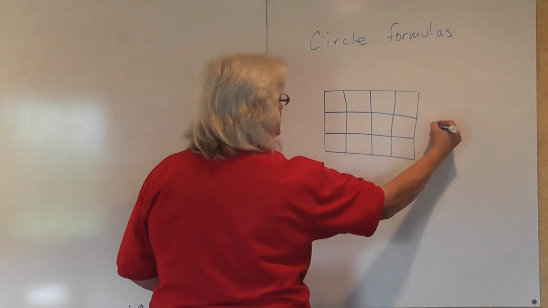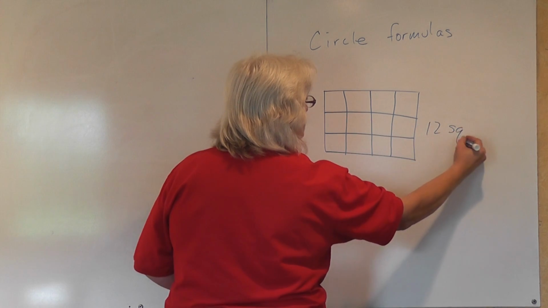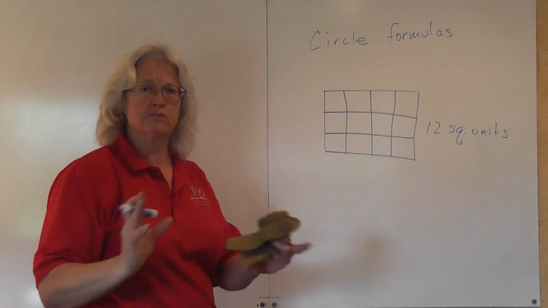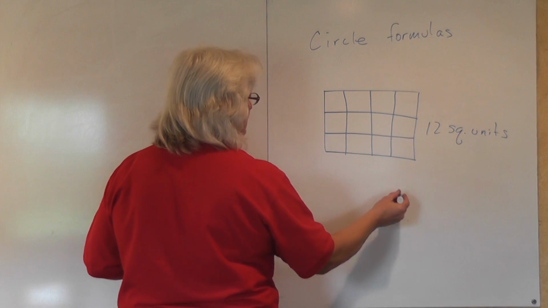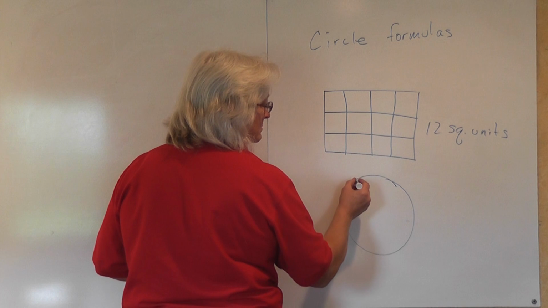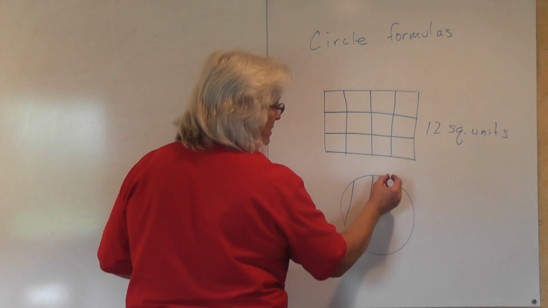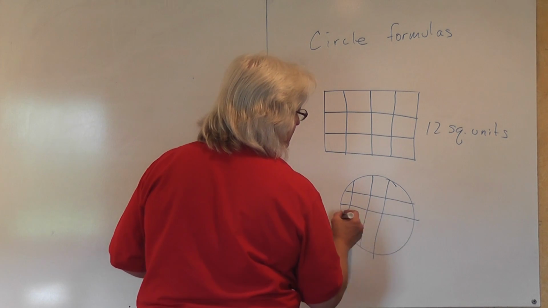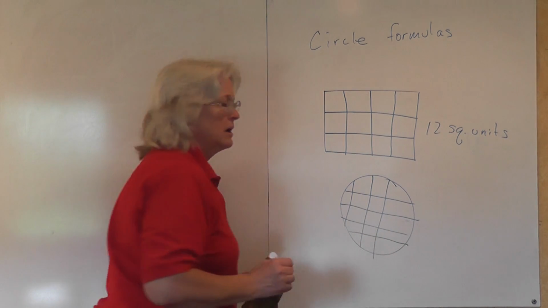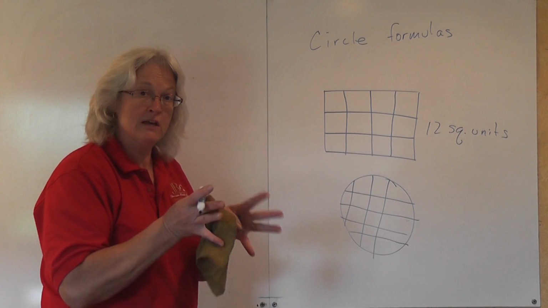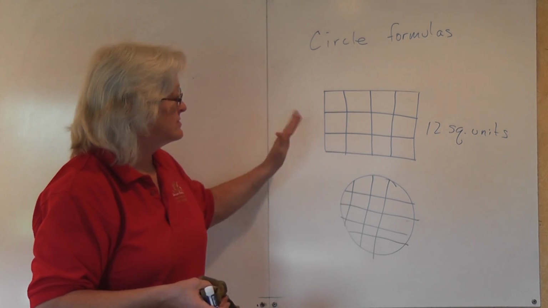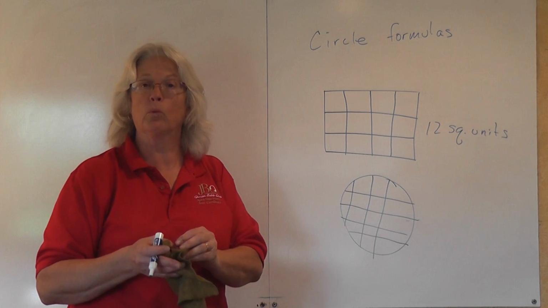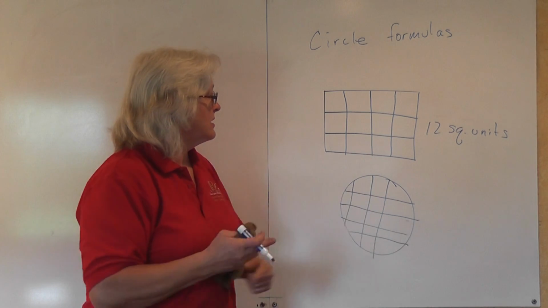We would see that this is 12 square units. How in the world can you have squares out of a circle? Well, you don't have squares, you have these curved pieces in here. And the fact that you can't visually see perfect squares, that's where the whole concept of pi, of 3.14, comes in.